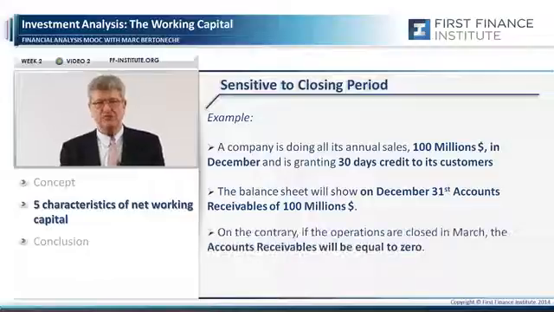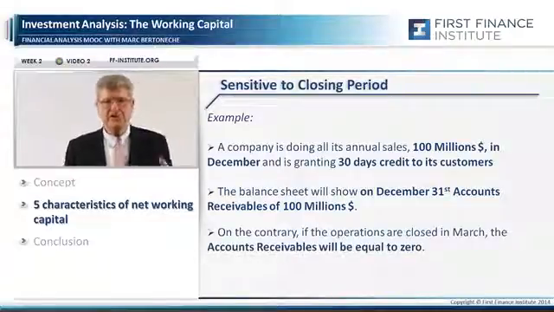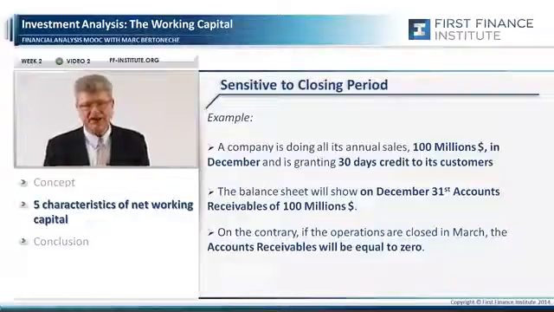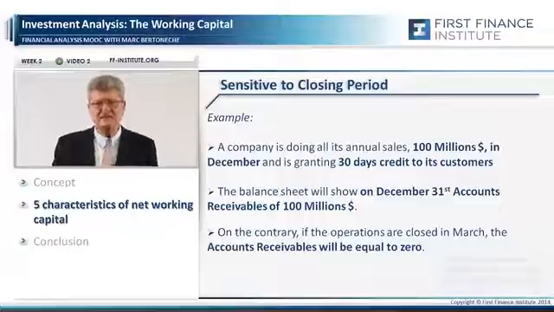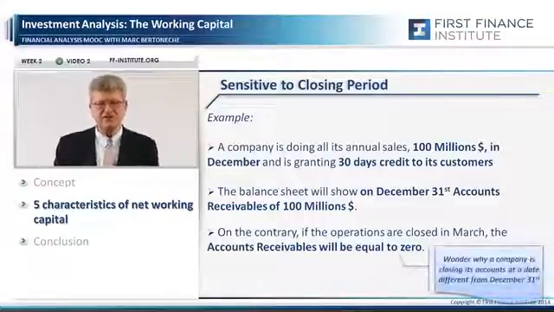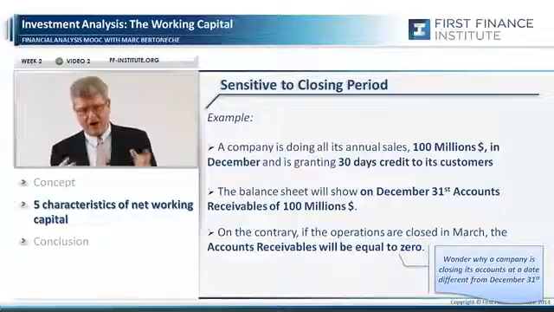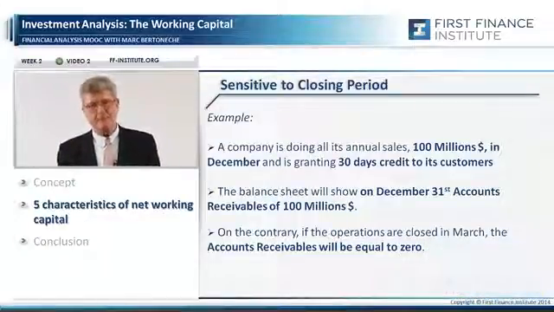Well, if you close your operation in March, your accounts receivable will be zero. This is, of course, an extreme case, an extreme example, but you should always ask yourself why a company is closing its account at a date different from December 31st. There are always good reasons.